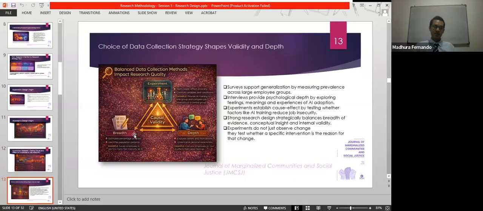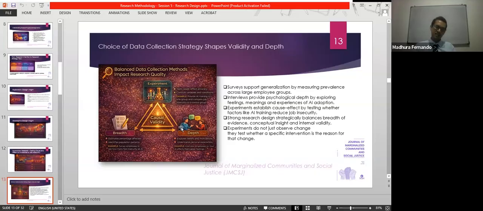This breadth helps you to conduct an experiment, and with that experiment you get some insights, and with those insights you go back to the organization or that certain place.